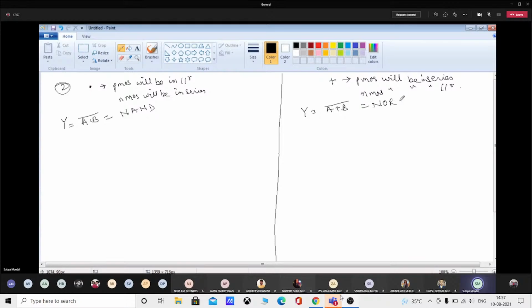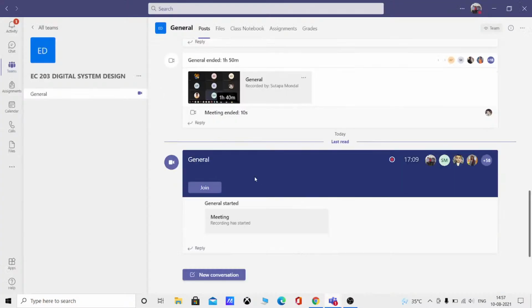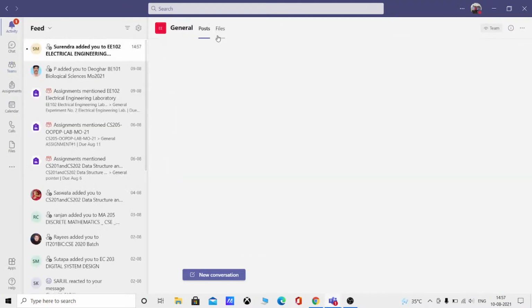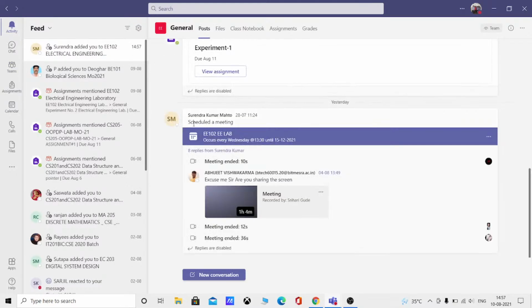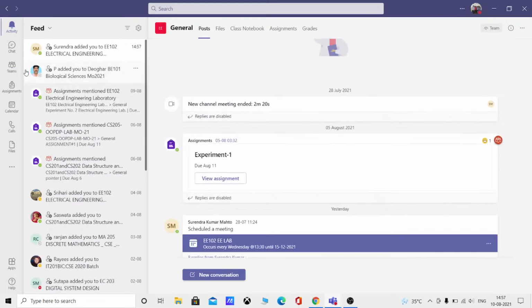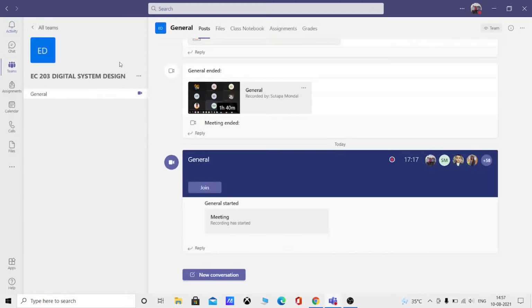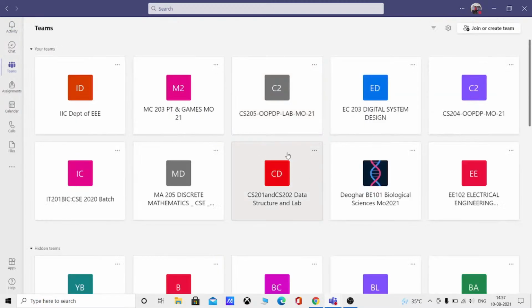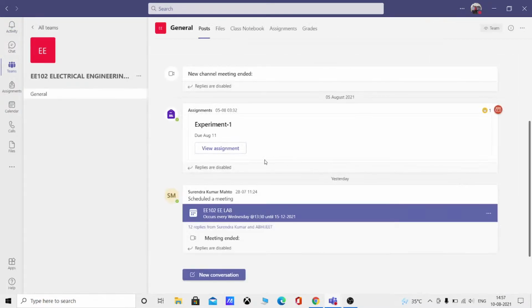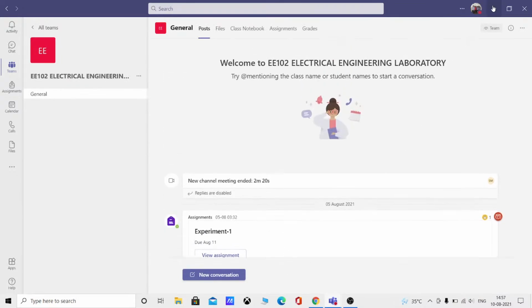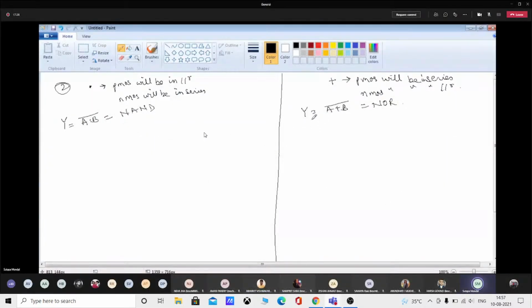So what I told, dear students, is that at first, whatever the expression will be, it is our duty to see whether we are having the complementary part or not. So we are having the complement. Okay, so we have checked the first one. Now our second, that if dot is there, PMOS will be in parallel and NMOS will be in series.